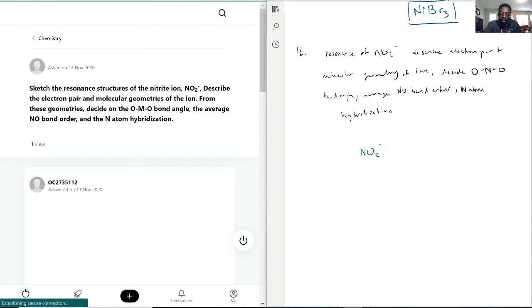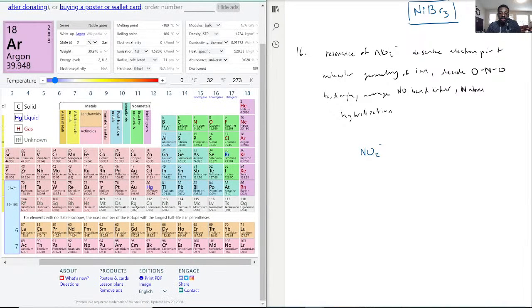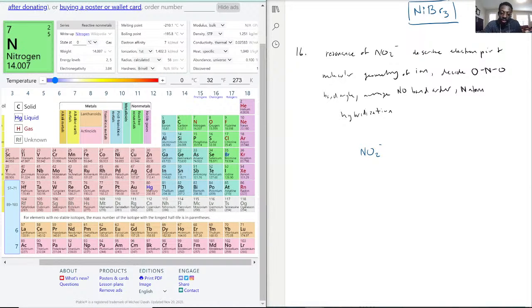NO2 minus. So we know nitrogen is on the 15th column, and also when you draw the electron configuration, it's He 2s2 2p3. And oxygen is on the 16th column, and it's He 2s2 2p4.